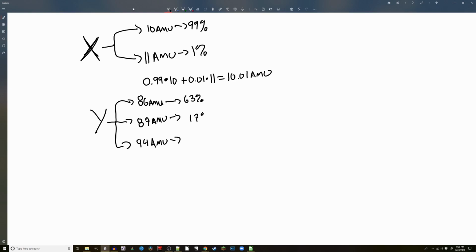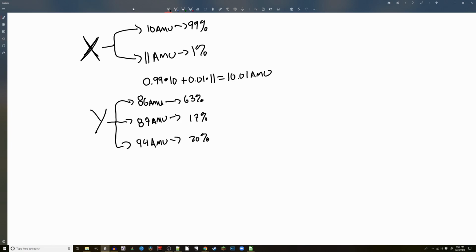Let's say 17% has 87 AMU. That gets us up to 80. And then 20% is this 94 AMU version. Again, it's pretty unlikely to have this actual arrangement, but it's an example problem to see how to calculate these things.